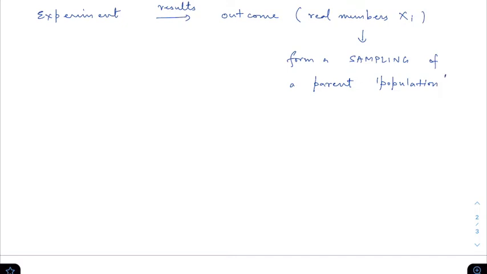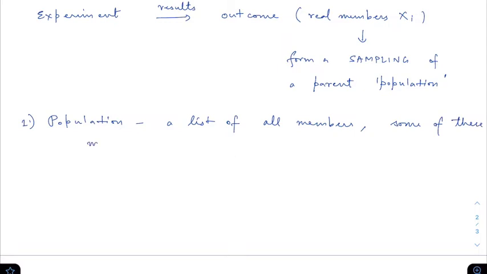Now, the differences between sample space and population are important. Population is a list of all members. Some of these members may be identical.